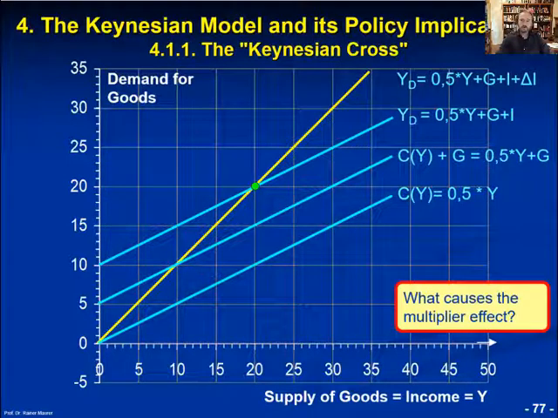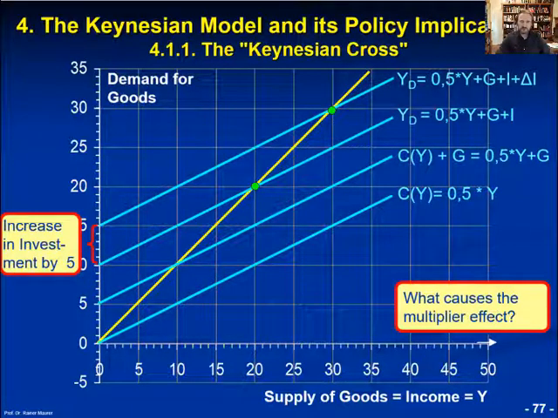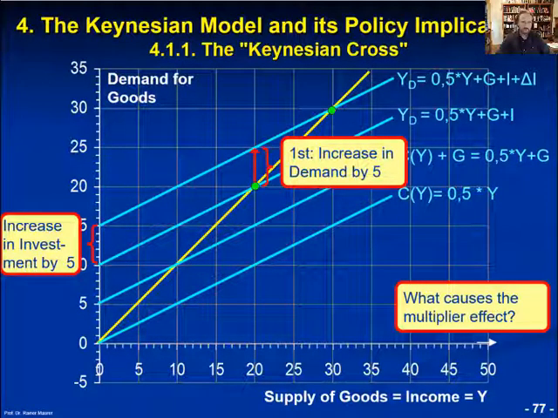Let's have a look at the primary effect of an increase of investment demand on consumption demand. The increase in investment demand increases the demand for goods first by 5 units. This line segment here corresponds to an increase, primary increase in demand by 5 units, such that immediately after the increase of investment demand, total demand equals now 25.